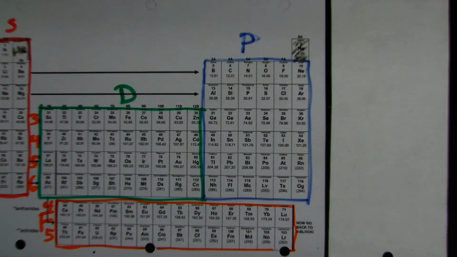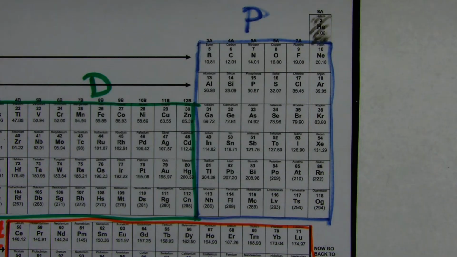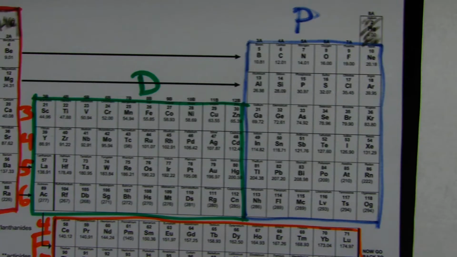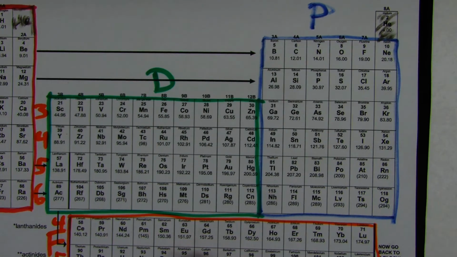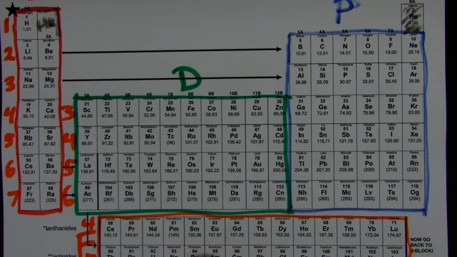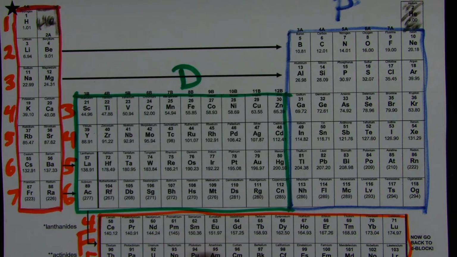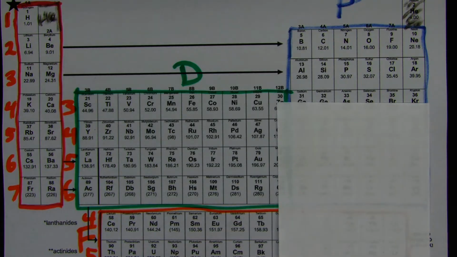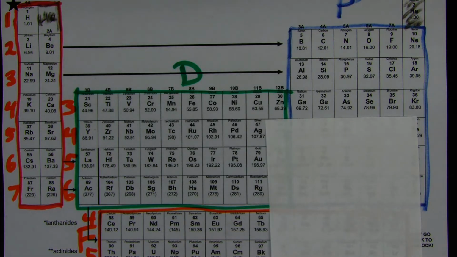I'm going to zoom in a little bit so we can see the periodic table. All right, so here's my piece of paper. All right, let's see how this is done.